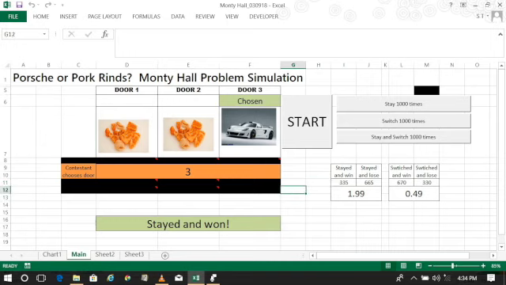By playing this game 1,000 times, which is the 335 plus the 665, if we were to stay, we would win 335 times as opposed to losing 665 times. So again, the ratio is approximately 2 to 1, which further proves that it is more beneficial to switch your initial chosen door when playing this game.